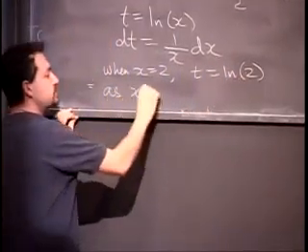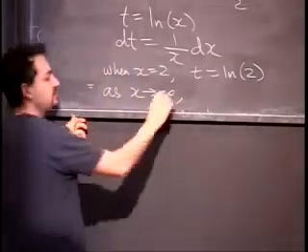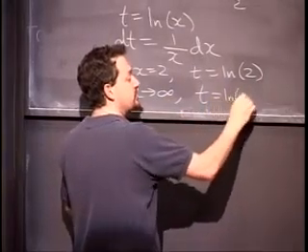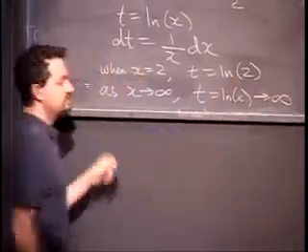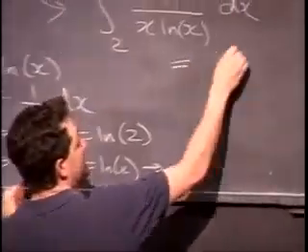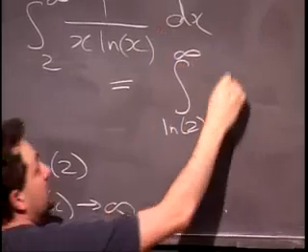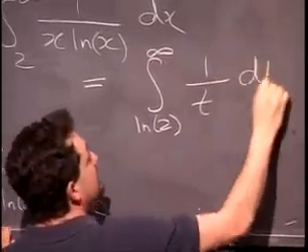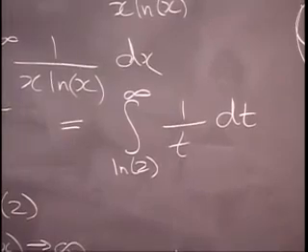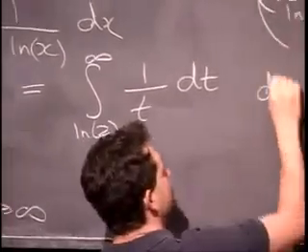As x goes to infinity, t, which is log x after all, also goes to infinity. So this integral in t land becomes the integral from log of 2 to infinity, 1 over t dt, because the dt is the dx over x, or 1 over x dx. And this diverges by the p-test.